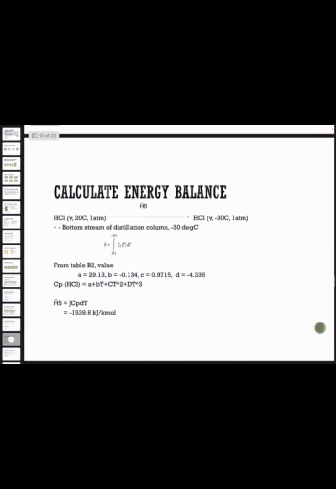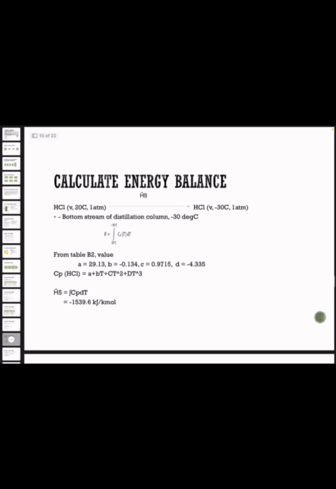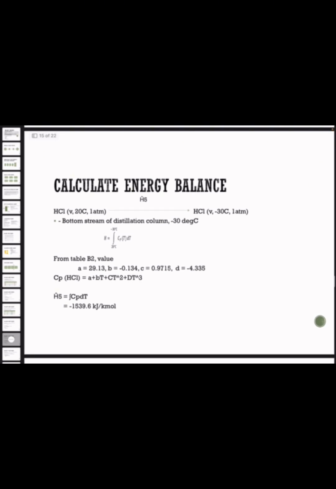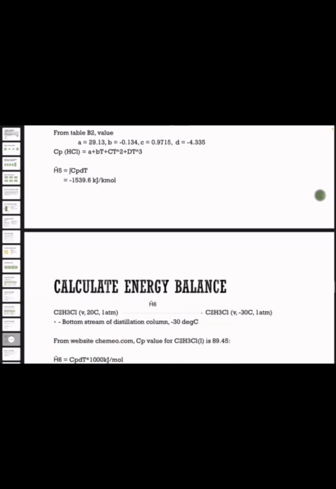Same for H5. I want to make a correction here: the phase is liquid, not vapor. Same here, I made the same mistake. The phase is liquid, not vapor. I'm sorry.